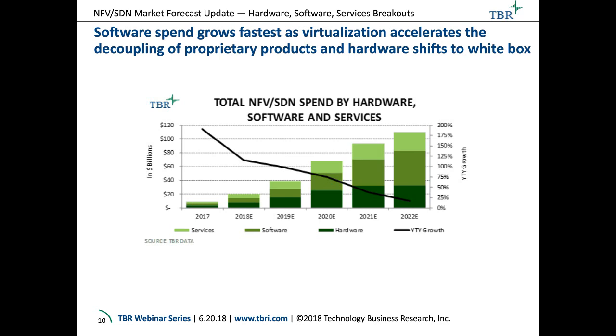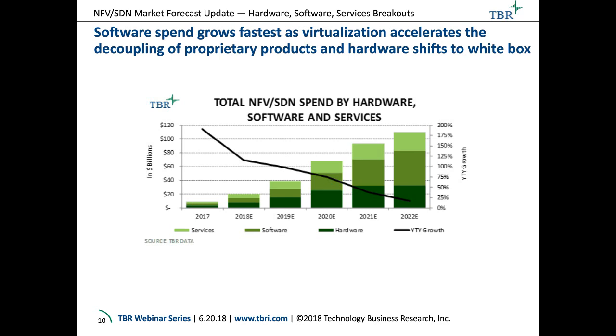It's going to be in the VNFs that are decoupled from the hardware layer and that are in a cloud-native state. So the software layer there, you see that's growing. That is growing at the fastest CAGR as the value and the spend shifts increasingly towards that software layer.